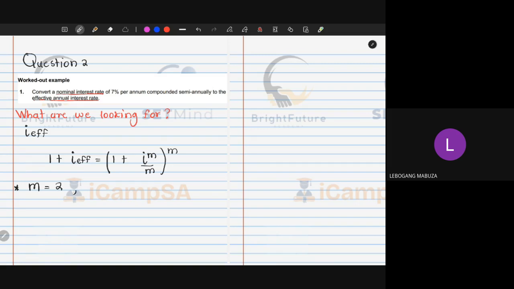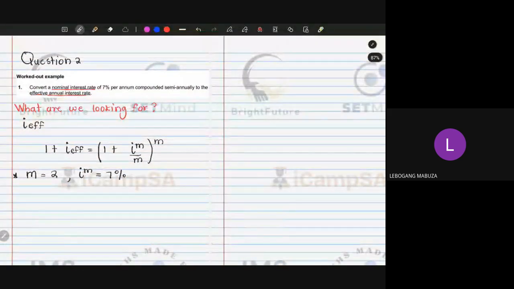And then now, what is the nominal interest rate, guys? Should be obvious. It is 7%, isn't it? So let's go and find the effective interest rate. Very easy questions, guys. You should all take the marks because they belong to you. So we will have 1 plus I_EFF equal to 1 plus 7% divided by 2, all to the power of 2.